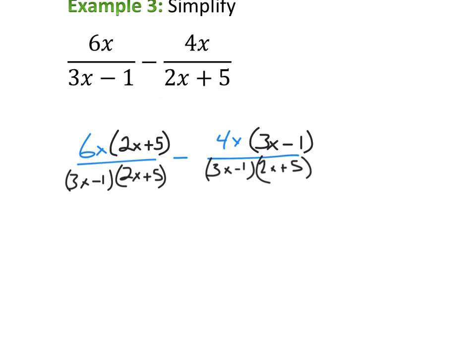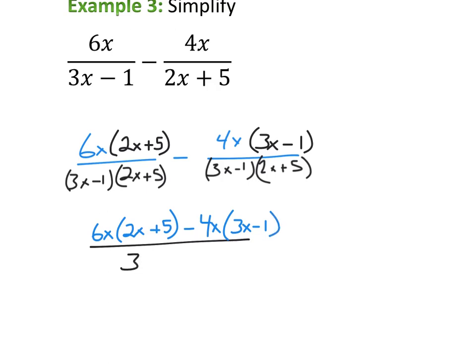Now that we have it balanced out, we're going to write it as one fraction. 6x times 2x plus 5 minus 4x times 3x minus 1 over my common denominator of 3x minus 1, 2x plus 5. Just like I mentioned with the previous problem, I can't cancel out the 2x plus 5 because of the subtraction sign.